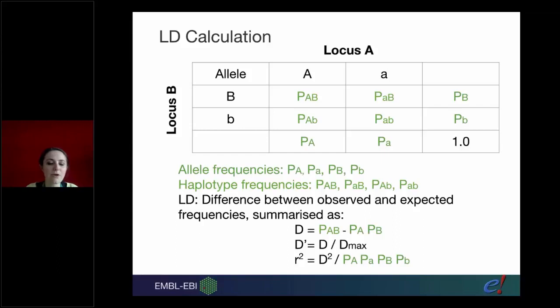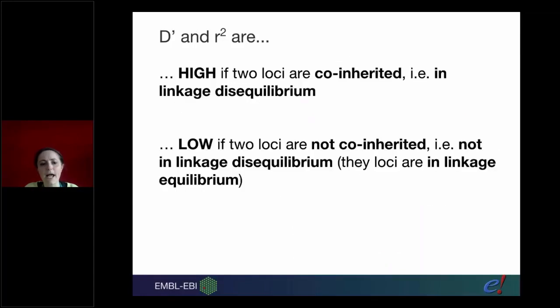D prime is quite fairly simple because it's the difference divided by the expected difference. R squared is a lot more complicated, and it's to do with correlations, and it's quite a serious calculation to make.